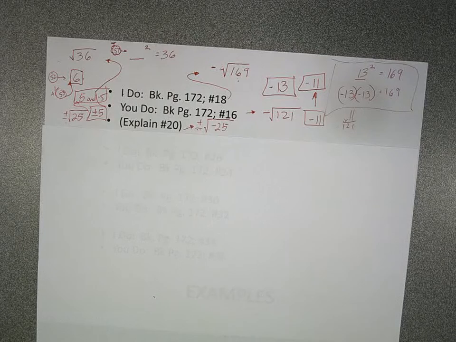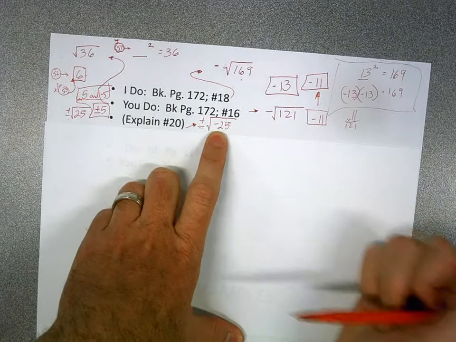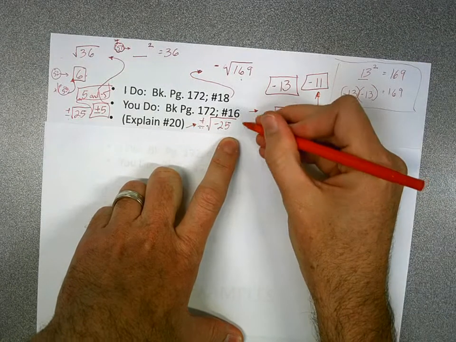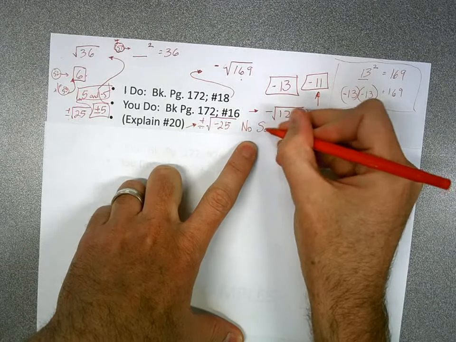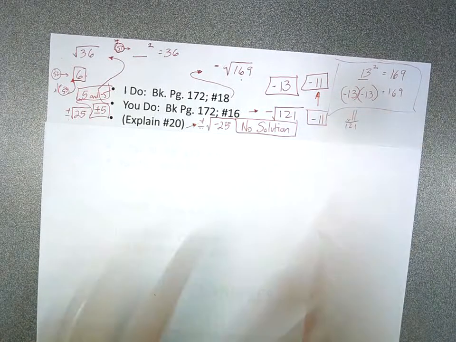A positive 25. What if both of your factors are negative? A negative 5 times a negative 5, what do you get? Positive 25. Either way, you get a positive. When they're asking you to find the square root of a negative, here's your answer: there's no solution.